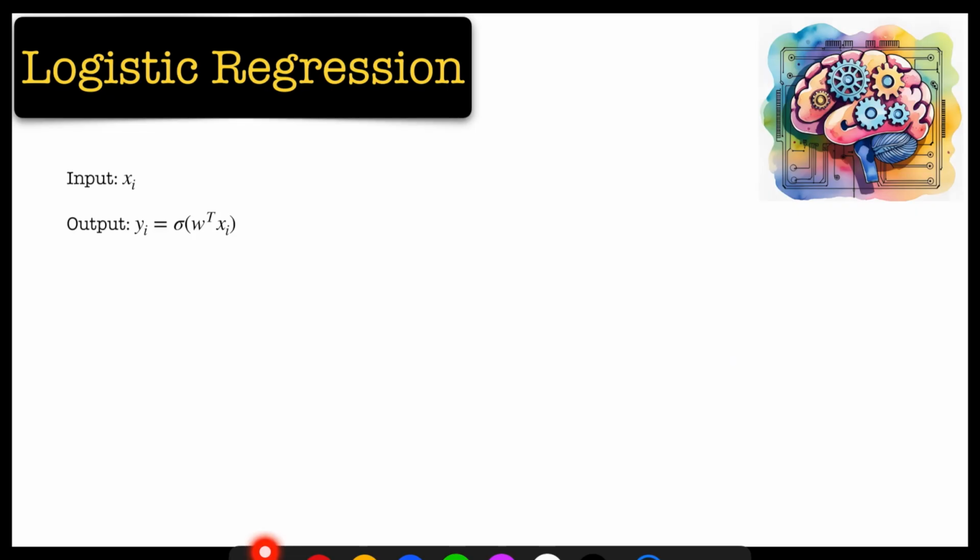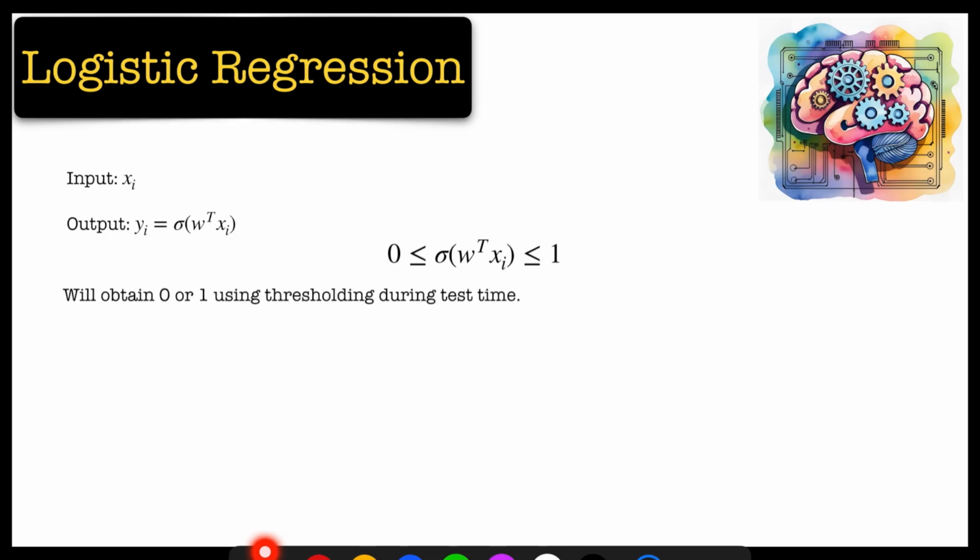Now let's say for any input xi, our predicted output will be sigmoid of W transpose xi, right? This sigmoid of W transpose xi is between 0 and 1, because any sigmoid value will be between 0 and 1. We'll obtain the 0 or 1 class using thresholding during test time.